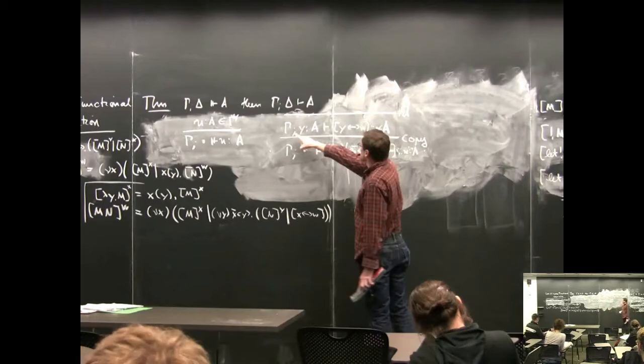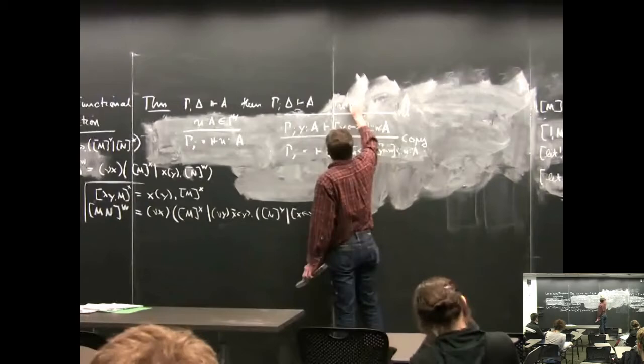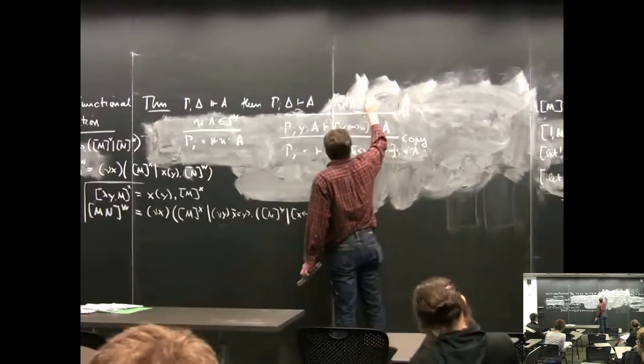Right. So we have here that U colon A is in gamma.